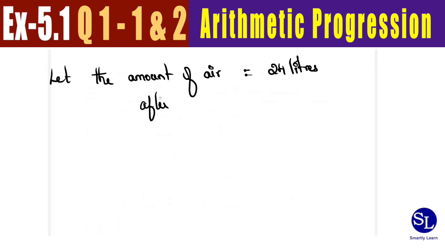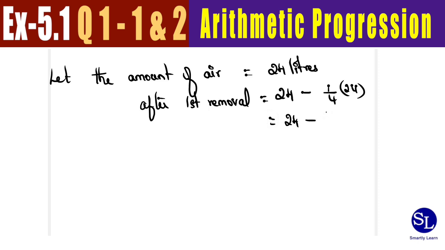After the first removal, let us calculate how much air is going to be left. I'm going to do 24 minus 1/4 of 24, which is 24 minus 6, which is 18. So after the first removal, the amount of air left is going to be 18 liters.